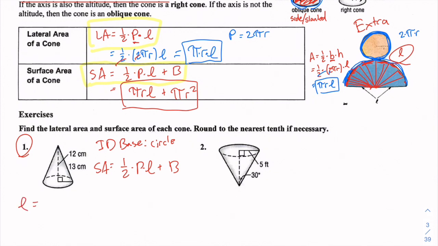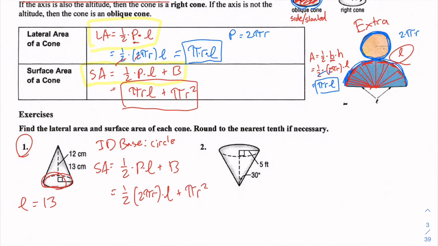Slant height is 13. That's easy. What else do I need to know? Well, for these, 1/2 the perimeter, which is 2 pi r, the perimeter of the base here, times the slant height, plus pi r squared.